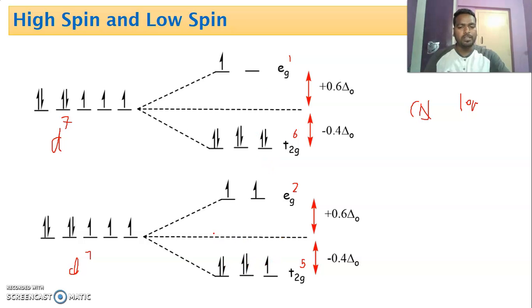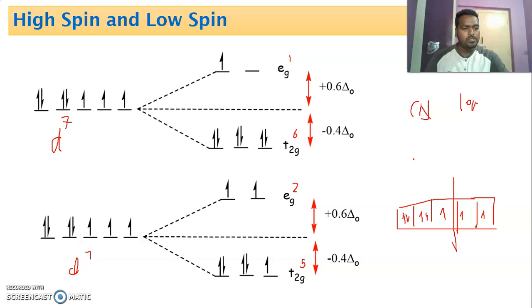According to Hund's rule, let us fill the electrons. There are 5 d orbitals. If you fill the electrons, first dxy1, so electrons are singly filled. Then the electron pairing starts. So this is T2G, this is T2G, and this is EG.